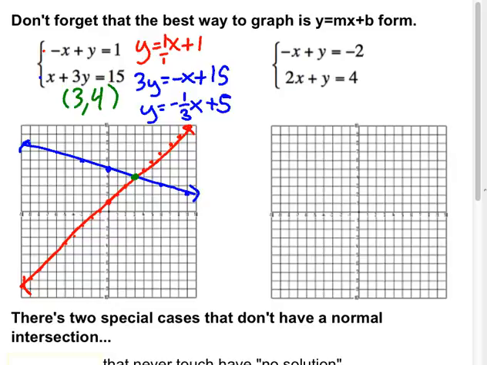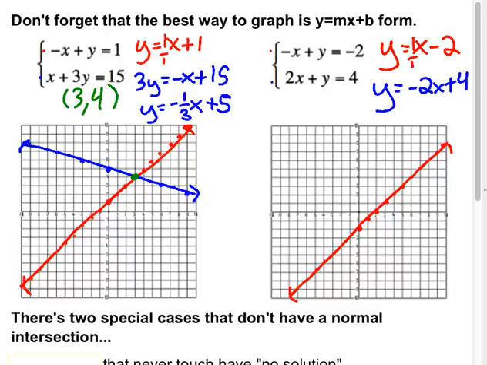All right, looking at our next one. For the top equation, to get y by itself, I'm going to add the x over. Now y is already by itself. So I'm going to start at that negative 2, slope of 1 over 1. Up 1 over 1, up 1 over 1, and so on. For my second equation, I need to subtract the 2x over.